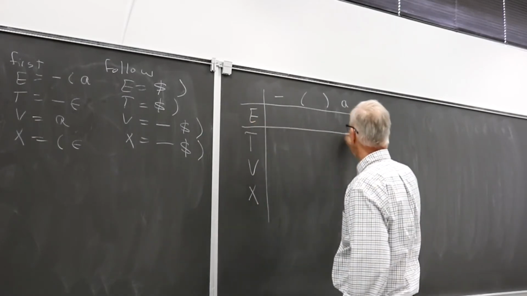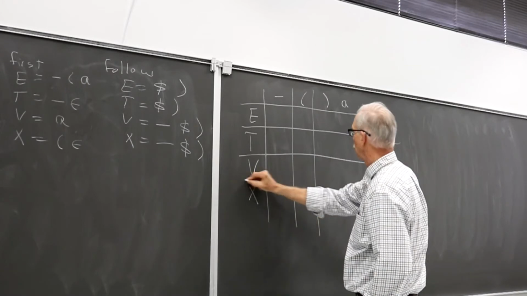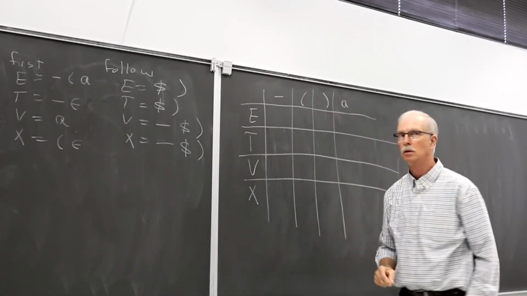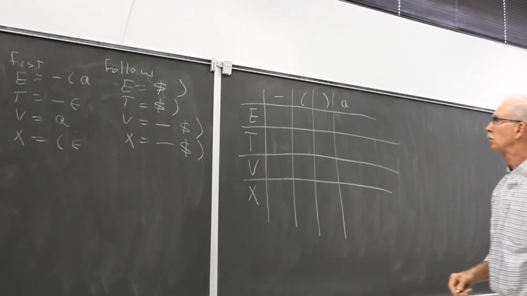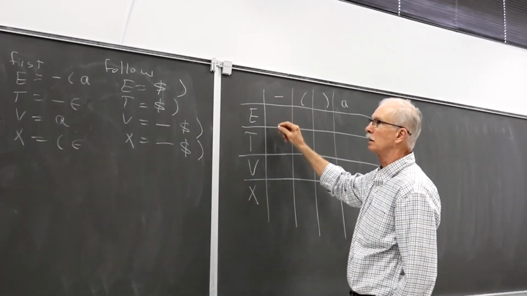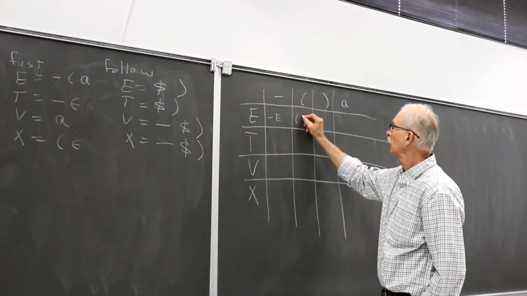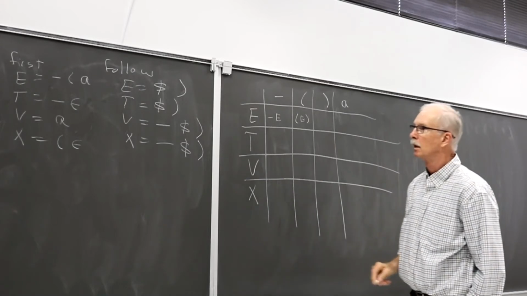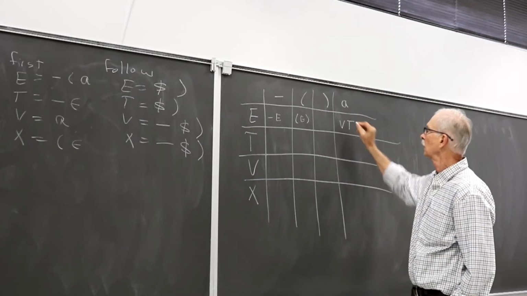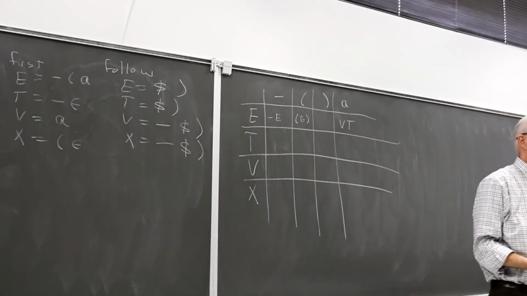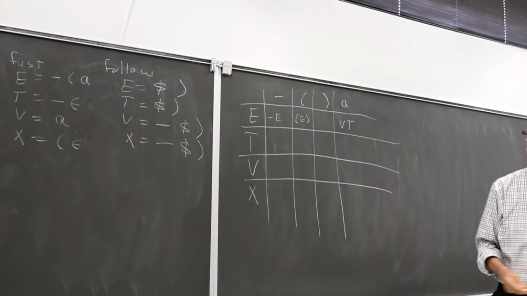Okay? So my table is going to capture and guide the actions of the parser. And so if I see a minus, I do minus E. If I see a left paren, I do left paren E, right paren. If I see an A, I do VT. And so I'm just guiding the actions, Ron. Do you need a $ sign up there too?